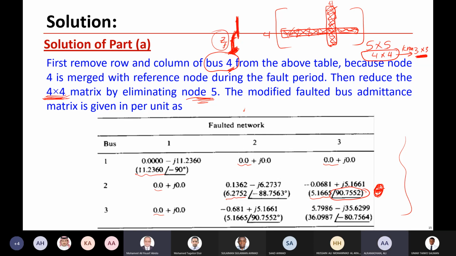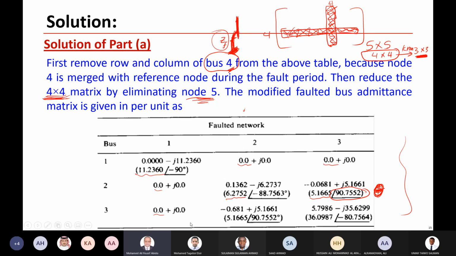Okay, because I tried to do the same steps, but I got a different 3 by 3 matrix. I'll check. You eliminate bus number 4? Yes. Completely? Completely, yes. And then? And then I've done the reduction. You do Kron reduction to bus number 5. Exactly, yes. And you end up with a different matrix. Slightly different.